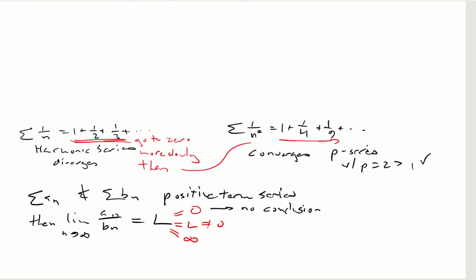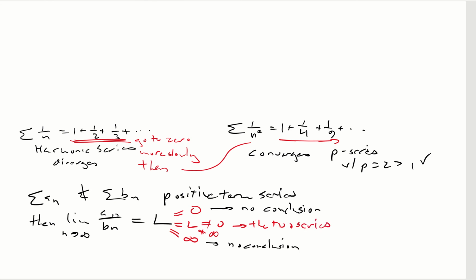In the bottom case, there's also no conclusion, that is, if you go to infinity. Okay, it's the one where you get a limit L, and it's not equal to 0 and it's not equal to infinity, okay, that you have a conclusion that this implies the two series, well, they're like twins.